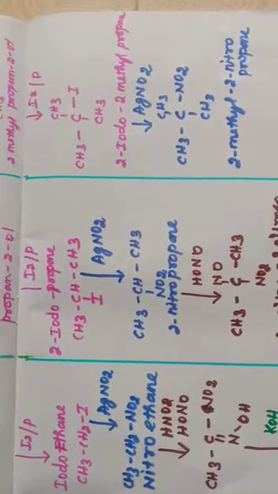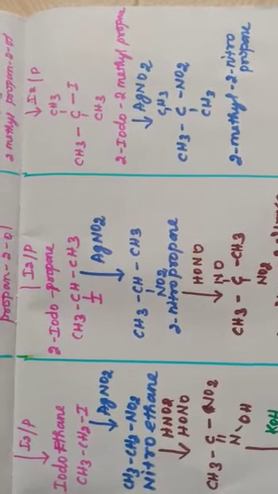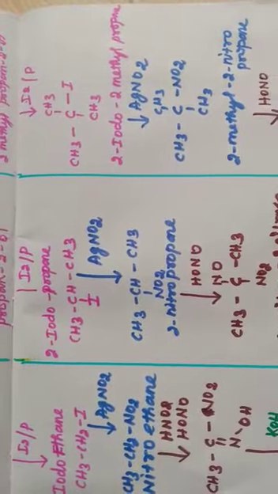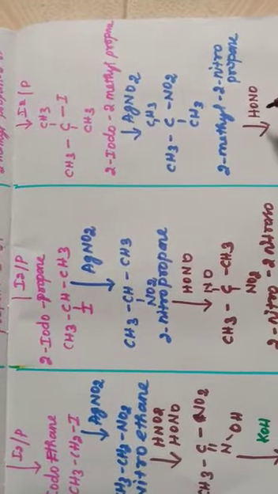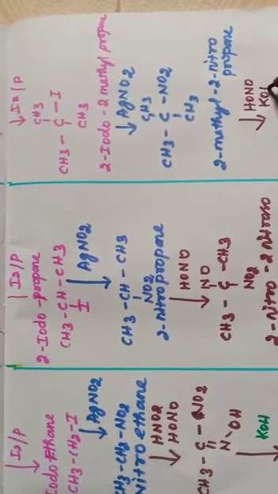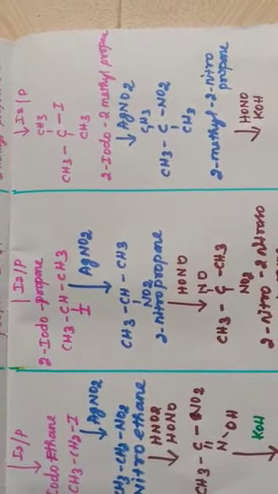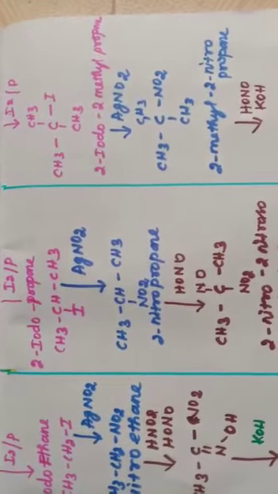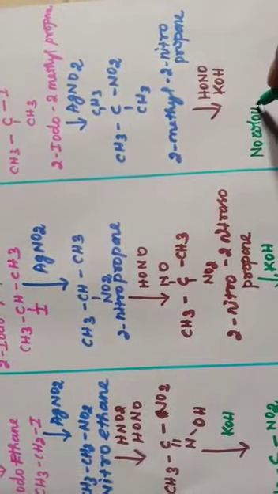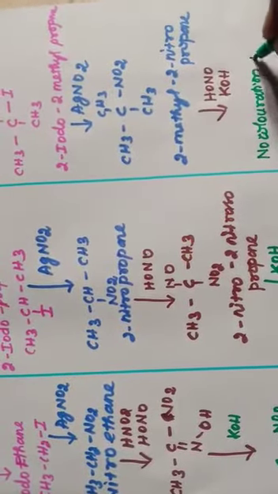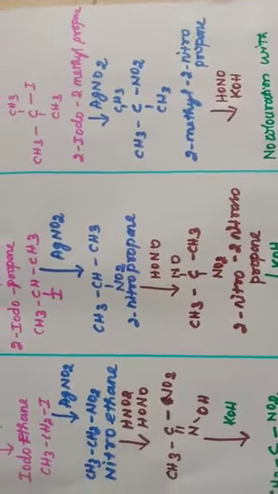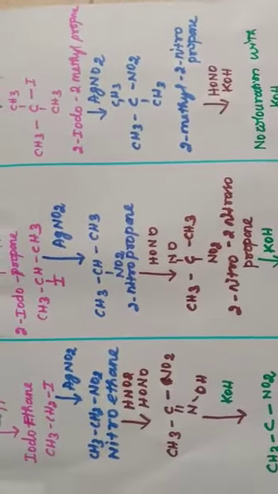Now this is treated with nitrous acid, HONO, followed by treatment with KOH. No coloration with KOH, so this compound belongs to the tertiary alcohol.